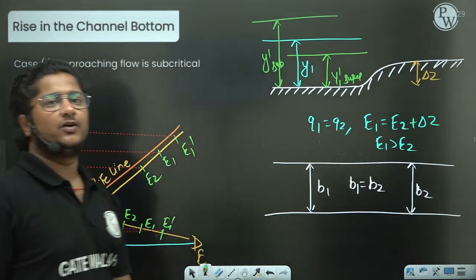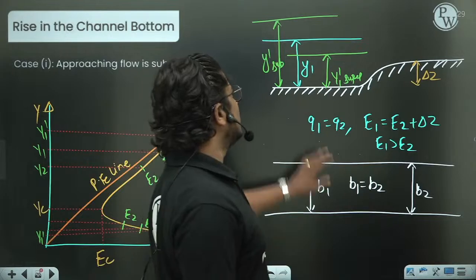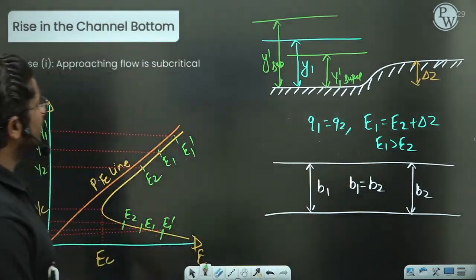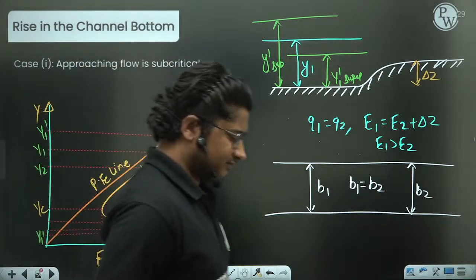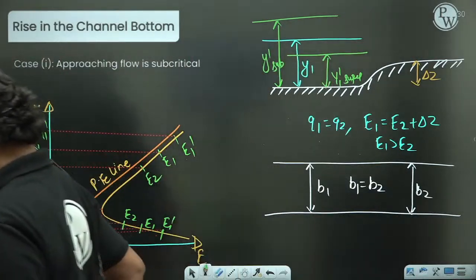In supercritical, it will be less than the original Y1, and in subcritical, it will be more than Y1. So the same thing you can understand. Is it clear? Completely clear? If these things are clear, then we can go to the numerical part.